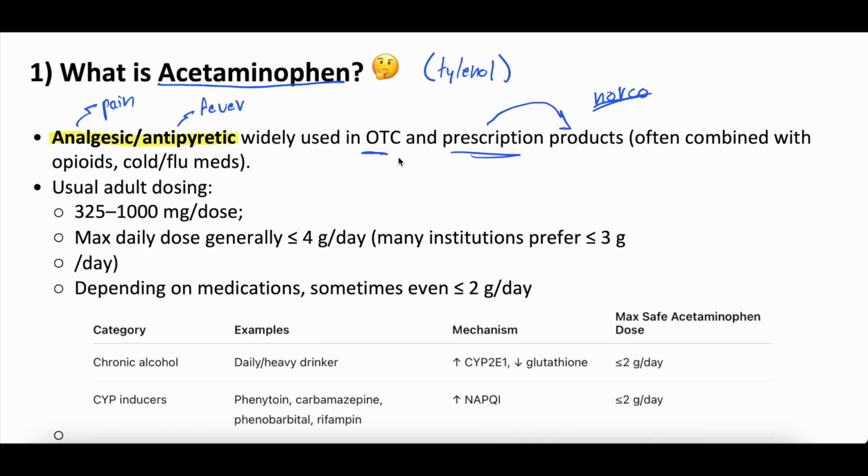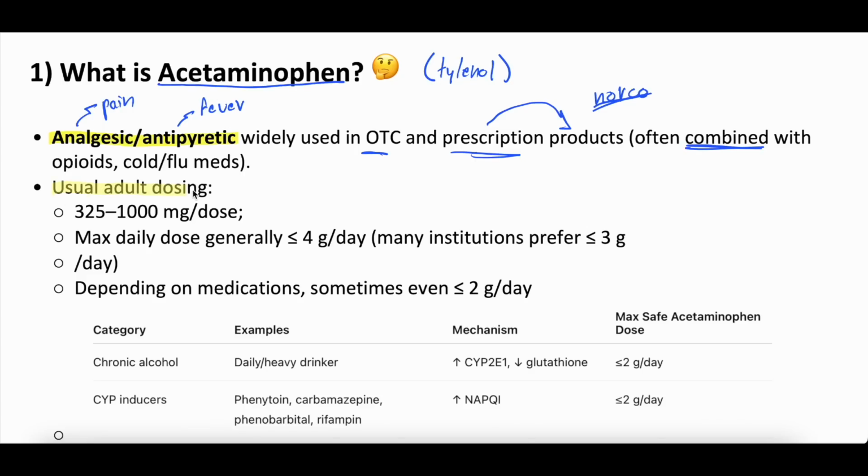You can combine it in cold and flu medications too, where it gets mixed with antitussive medications and other stuff. There are lots of combination pills, and this is one of the reasons toxicity can be so common, because folks don't often realize there's acetaminophen in these combination pills, and then they're taking acetaminophen as well as the combination pills, and sometimes they get some degree of toxicity from that. So always check what is in the combination pills you're prescribing and certainly taking too.